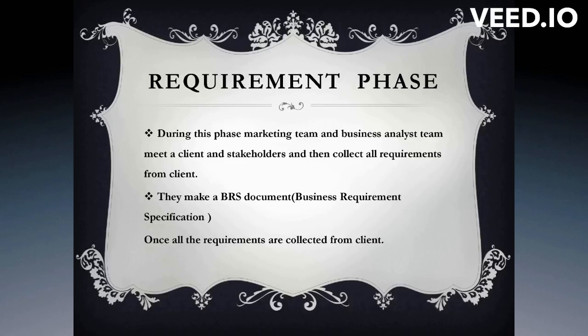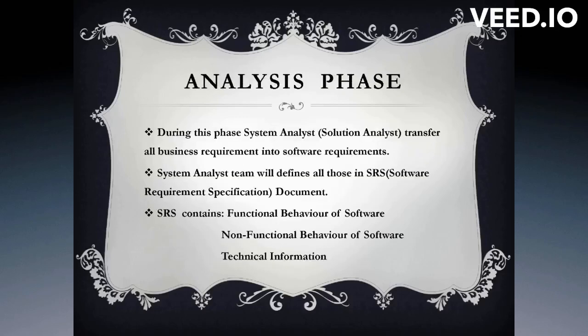Next, coming to the analysis phase. So here in the analysis phase, what happens is the solution analyst, that is nothing but the system analyst, transfers all the requirements which were collected in the requirement phase, right?